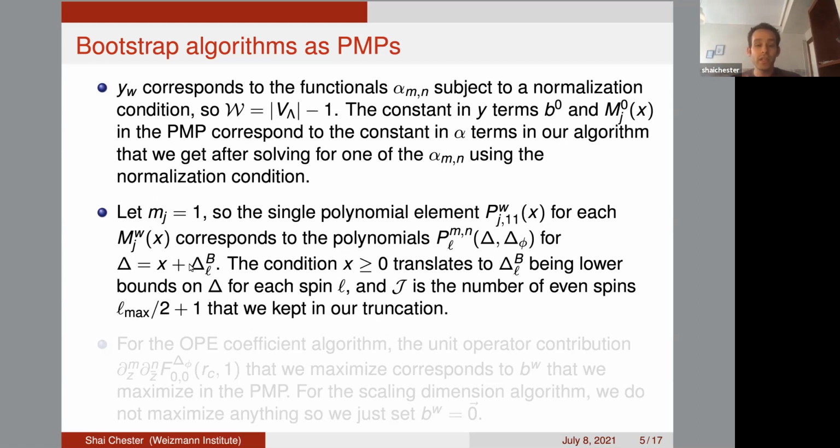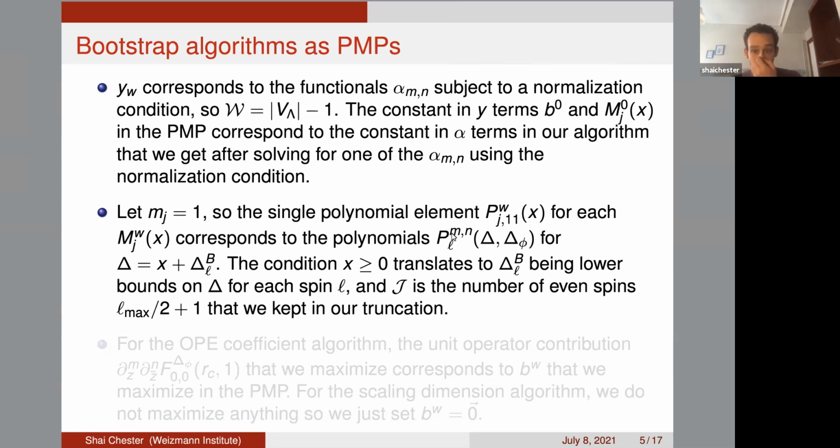And so this is such that the condition x being greater than or equal to 0 is now the same thing as delta being greater than or equal to its bound delta_B. Okay, so just to reiterate, the next entry in the dictionary is that delta is related to x, and the polynomial in the PMP is just exactly the polynomial in the stuff we're inputting into the Bootstrap algorithm.